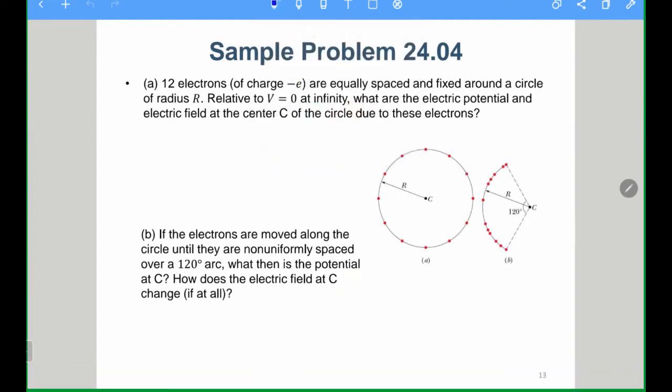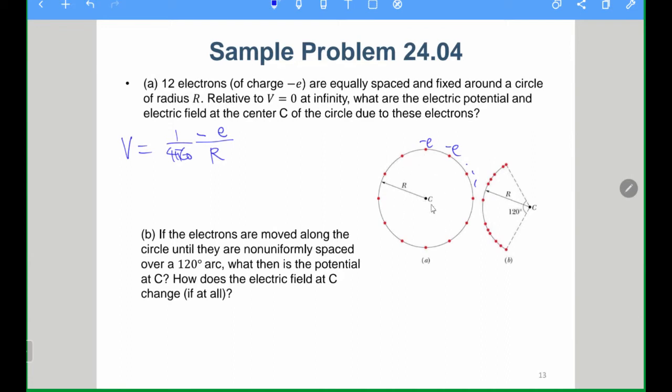So V will be 1 over 4 pi epsilon naught, and then all the charges are negative e, so on and so forth. So we have 12 charges. For every one at point C, we just need to plug in negative e over capital R. So we have negative e over capital R, but we altogether have 12 electrons there, so we just add 12 terms together.